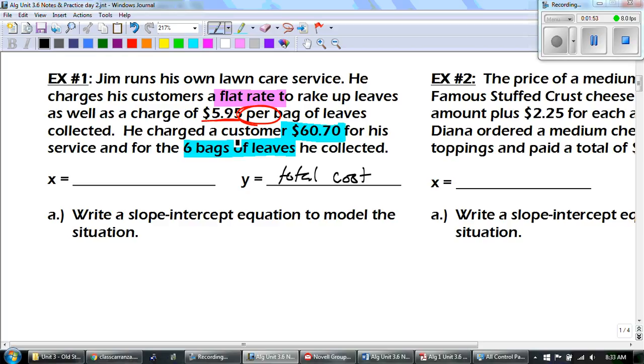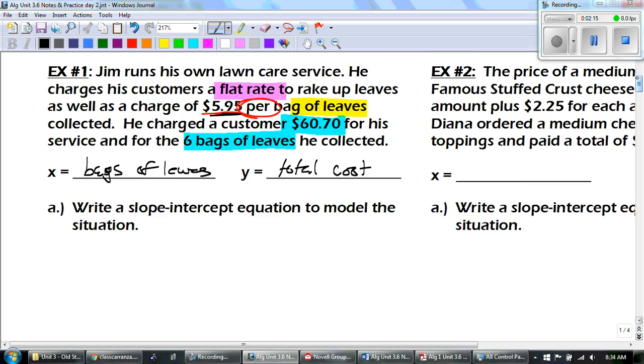Okay, now we know that it's $5.95 per, and then right after that, it's telling us what x is, and those are the bags of leaves. So write a slope-intercept equation to model this. Now, I noticed that they gave me 3 numbers.